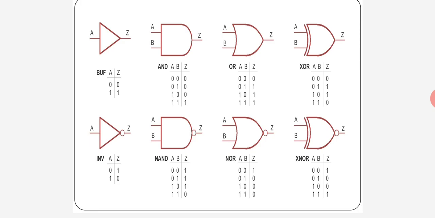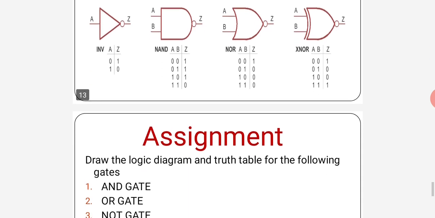You see that it is the inverse, the opposite of AND gate. We have the truth table and the logic diagram with bubble. We also have the NOR gate. We have the truth table, and we have the logic diagram. Then we have the exclusive NOR gate. Look at the truth table there, and we have the logic diagram.